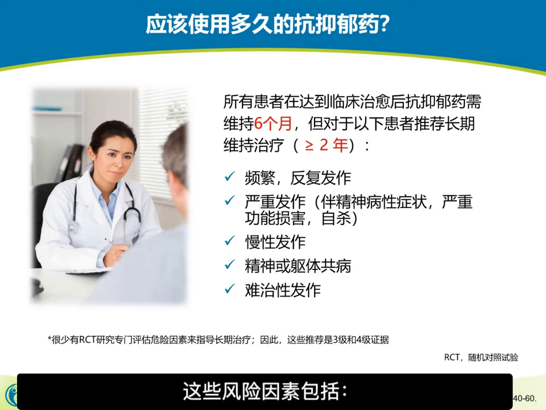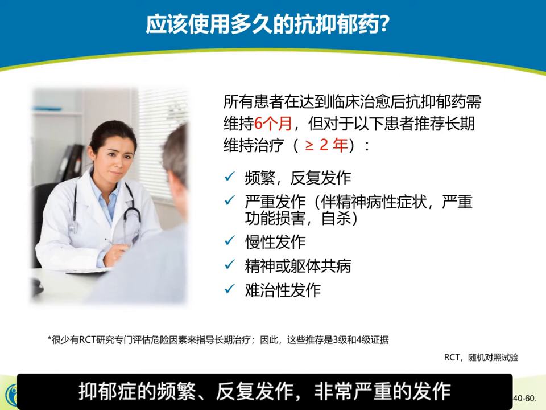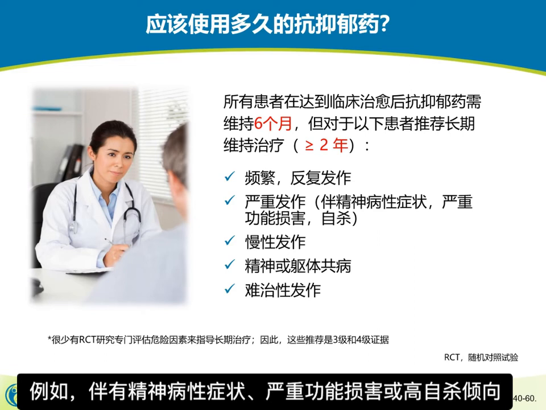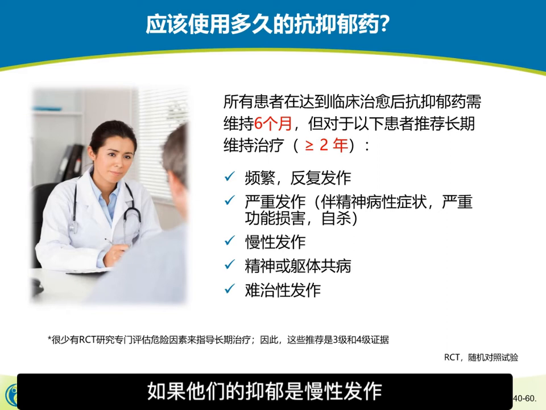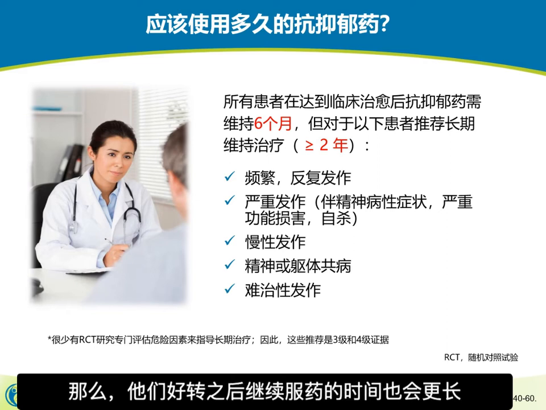These risk factors include frequent and recurrent episodes of depression, very severe episodes, for example, if they have psychosis or severe impairment or high suicidality, they need longer maintenance treatment. If they've had a chronic episode of depression, then they need to stay on the antidepressant longer once they're well.